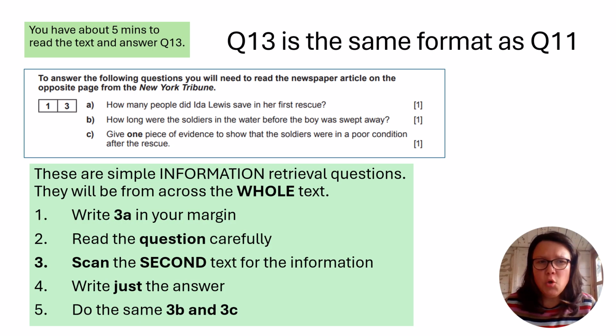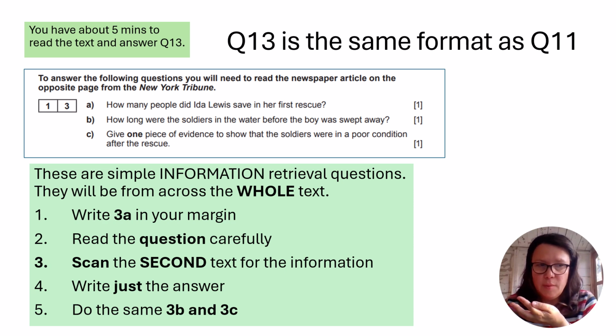So, question 1-3 or question 13 is exactly the same as question 11 or question 1 on this paper. So it's a 3-part question. It's worth 3 marks. You have about 5 minutes to get these facts found and move on to the 10-mark question. So exactly the same.